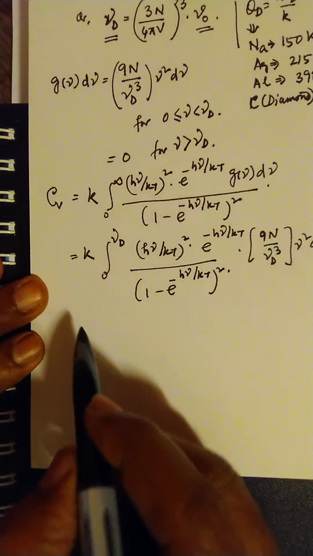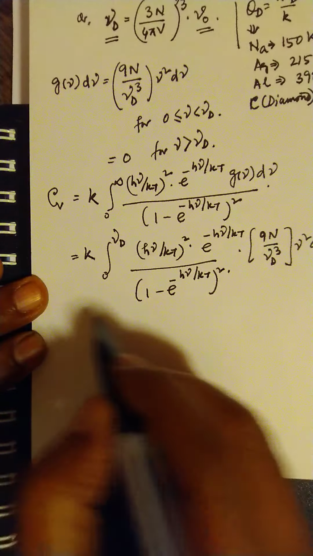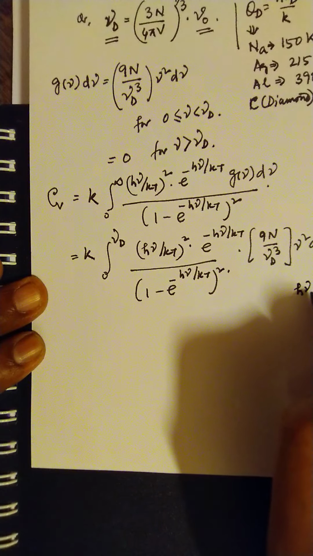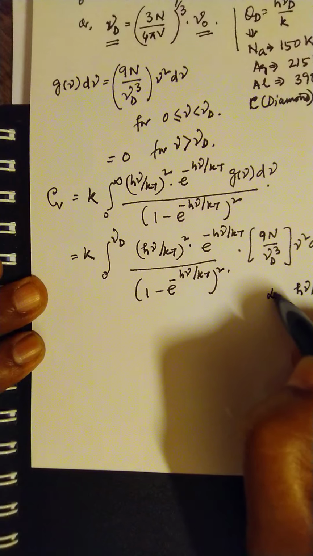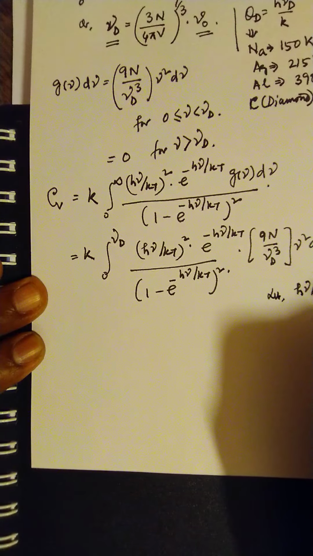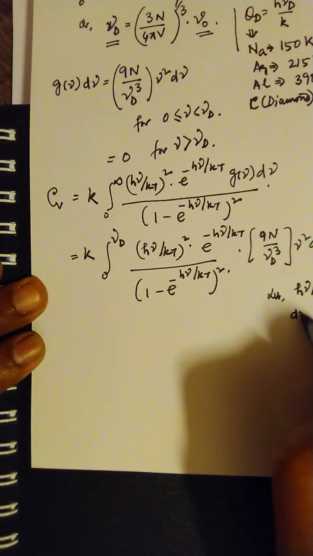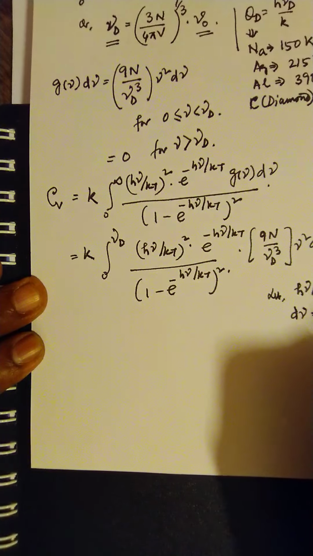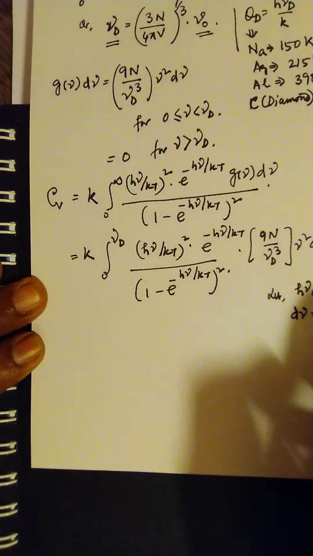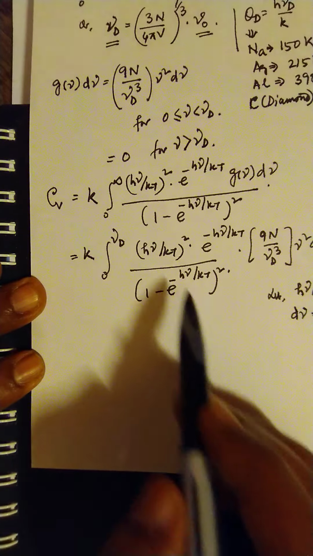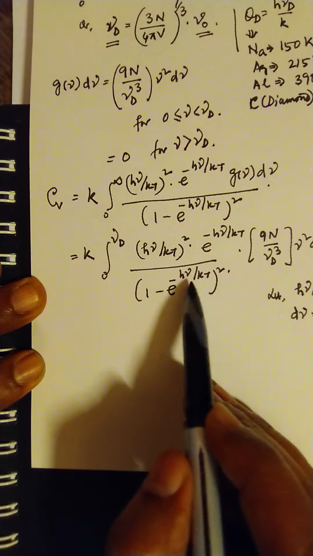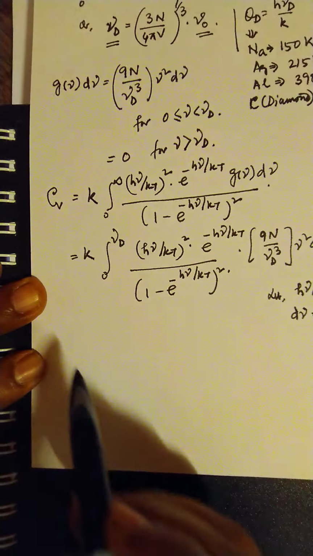Now let us do a substitution. Let h nu by kT be x. Then d nu would be replaced by kT by h dx, right? So we substitute d nu by this, and this becomes x square e to the power minus x over (1 minus e to the power minus x) whole square, and something else.